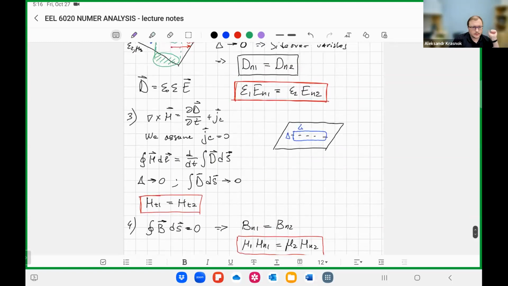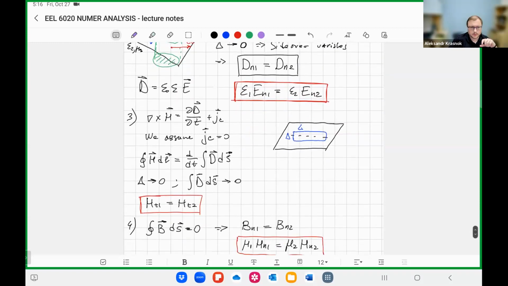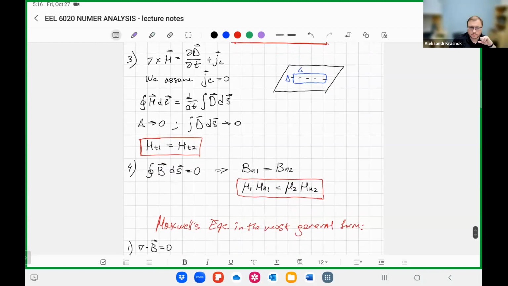And the normal component changes because of the difference in the epsilon and mu.